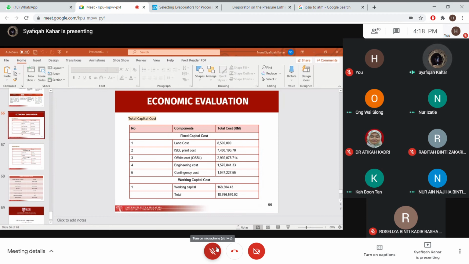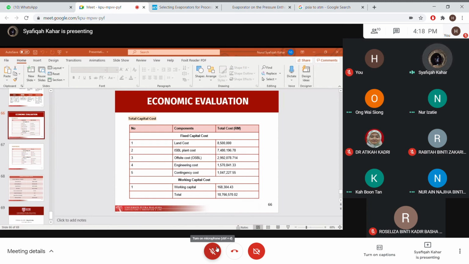So the ISBL formula is the installation factor multiplied by the equipment cost. And for the OSBL, I forget.